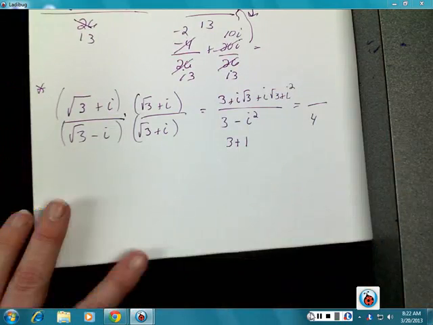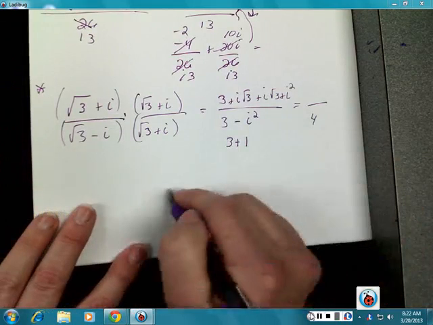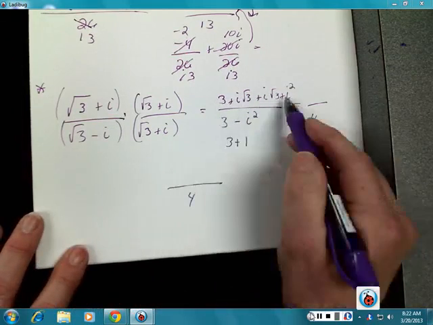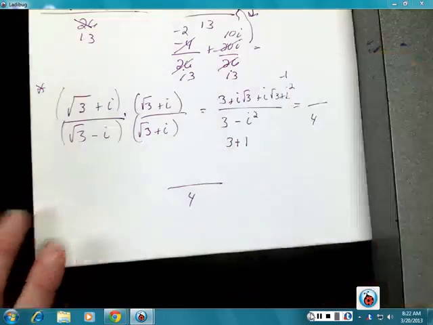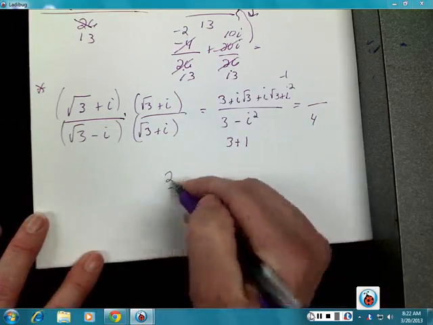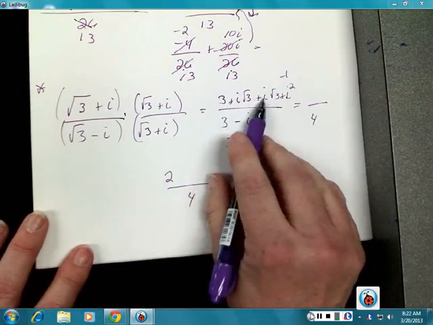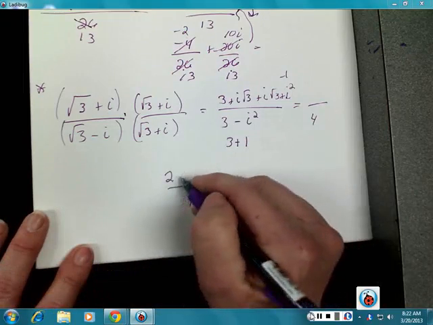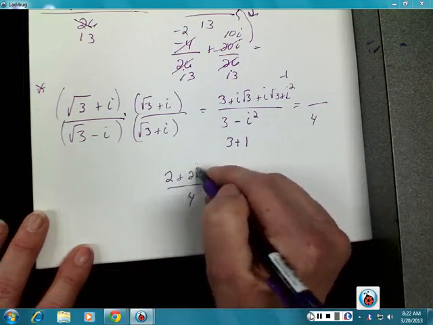And what comes out of that top part? I guess I can't write it in that one space I had. I'll bring my 4 down here. 3. This i squared, remember, is going to be a negative 1. So 3 plus a negative 1 is 2. Positive 1i, a positive 1i with the square root of 3 after it gives me really plus 2i the square root of 3.